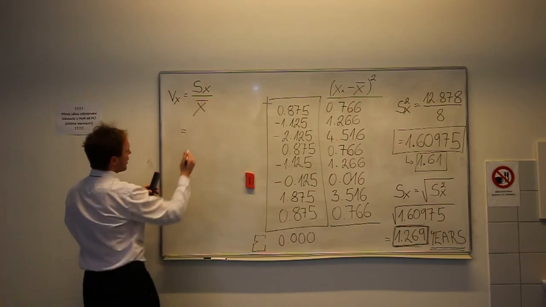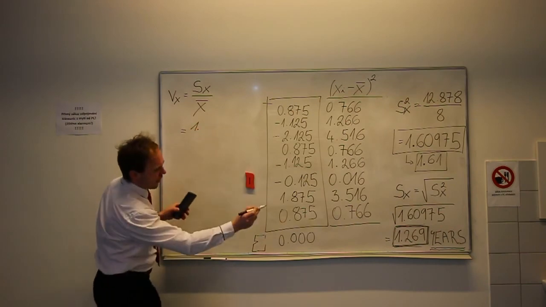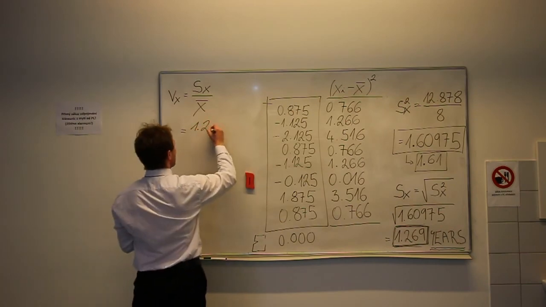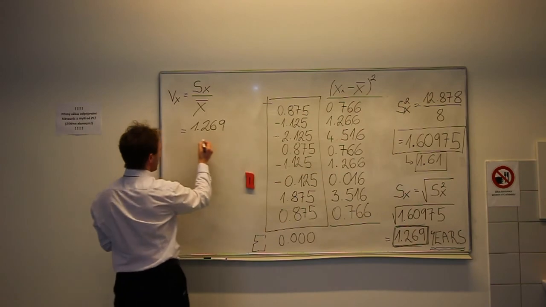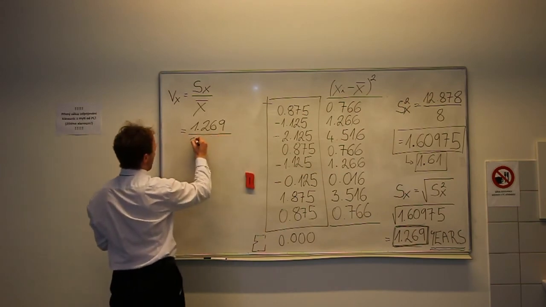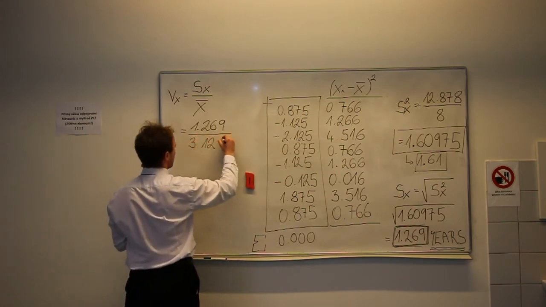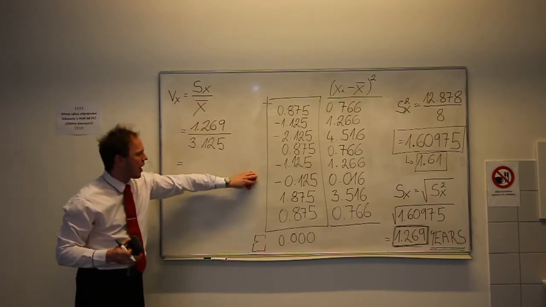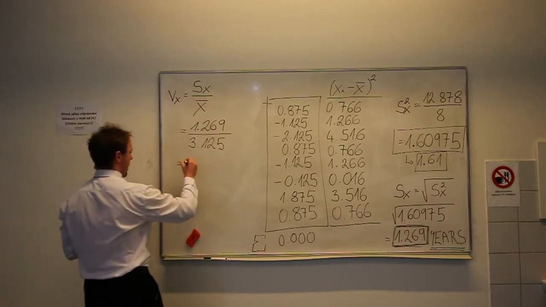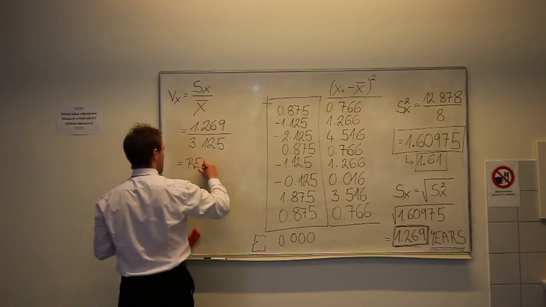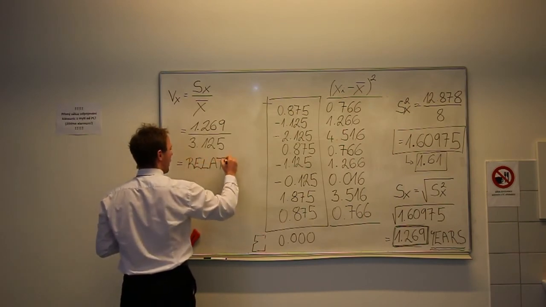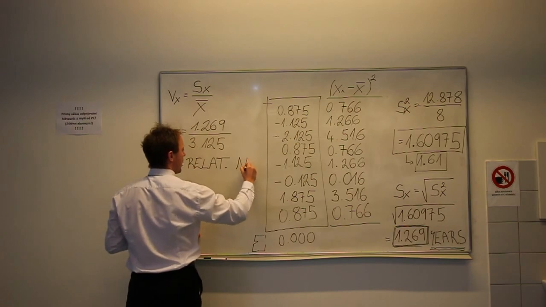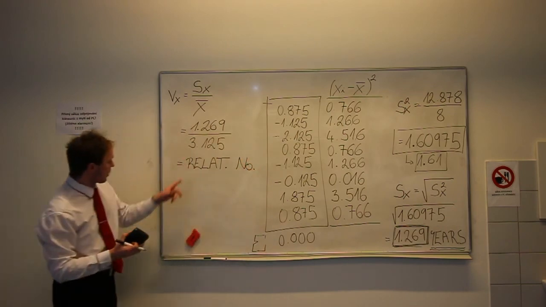So in our situation, 1.269 will be divided by 3.125, and the result is every time a relative number. Yes, the result must be a relative number.